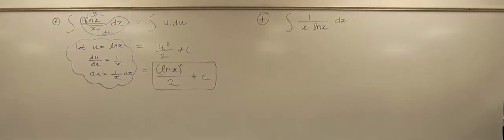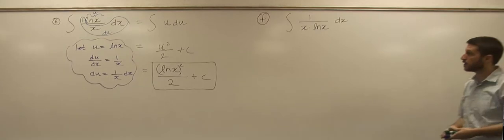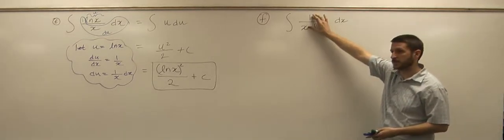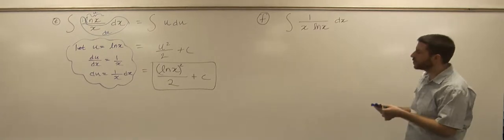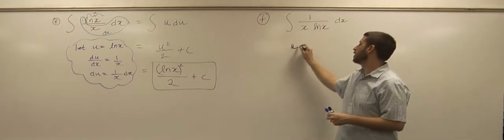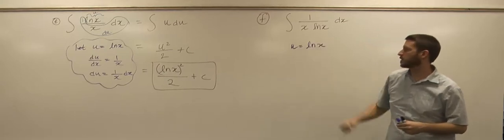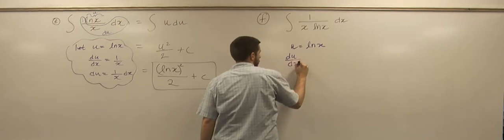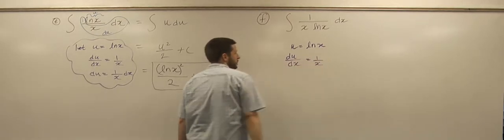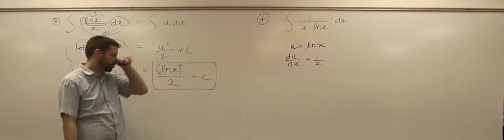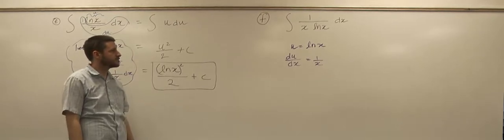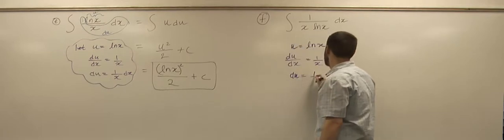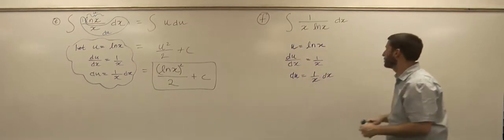So this is essentially the same pattern, because you have ln x, and you have the derivative of ln x. So you're going to set up u substitution with u equal to ln x again, because then when you do the derivative, you get 1 over x. Which means that du is equal to 1 over x dx again.